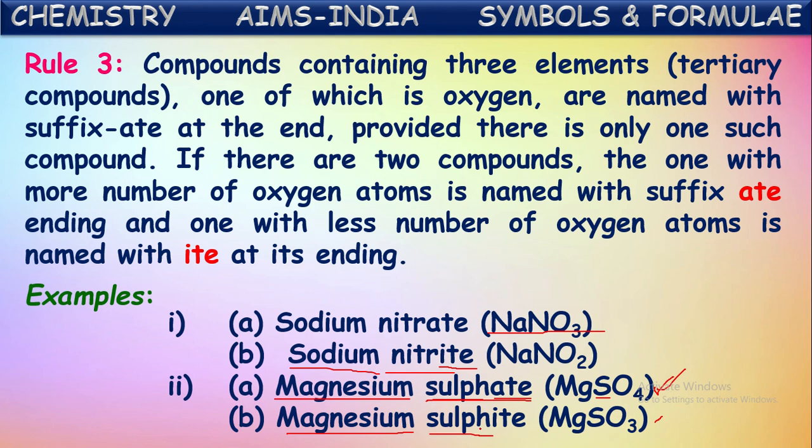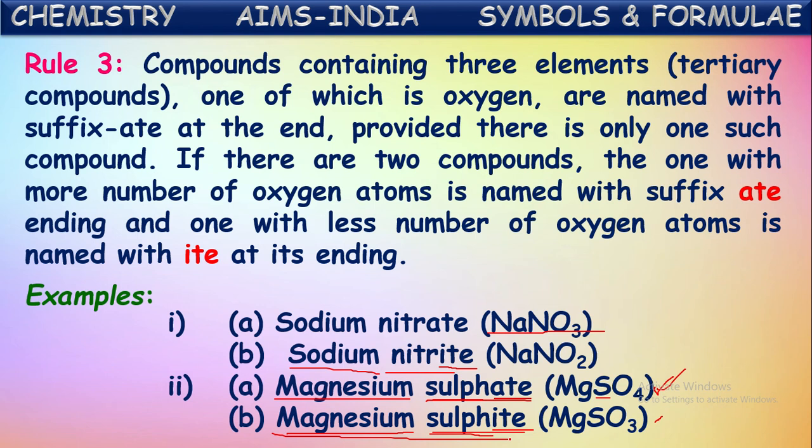At the end of the non-metallic element's name, -ite is attached by eliminating some letters. Now it became sulfite. Thus, the compound name will be magnesium sulfite. Okay, in this way, compounds having three elements, out of which one is oxygen, are named. The other two are one metal and one non-metal.